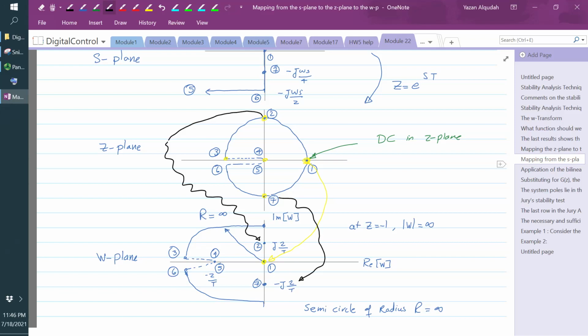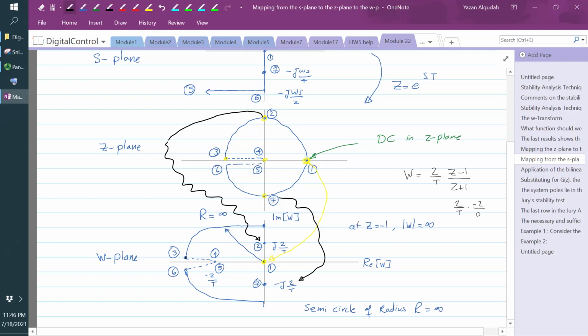Because w is equal to 2 over T, z minus 1 over z plus 1. If z is equal to negative 1, which is point 3 here, I'm going to get 2 over T multiplied by negative 2 over 0. So this is going to go to negative infinity.